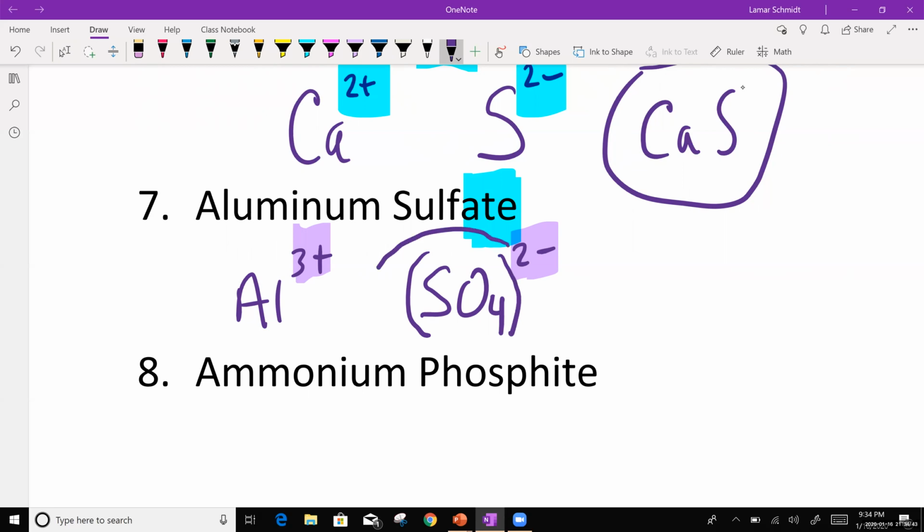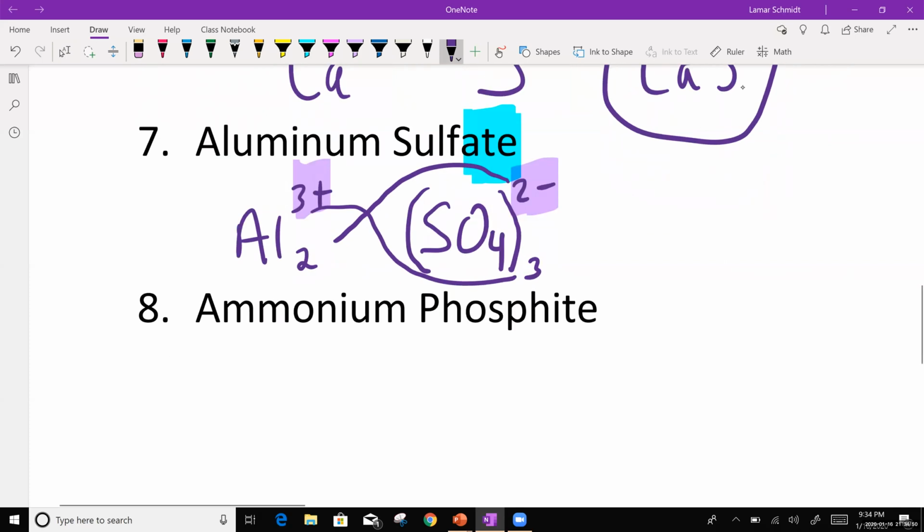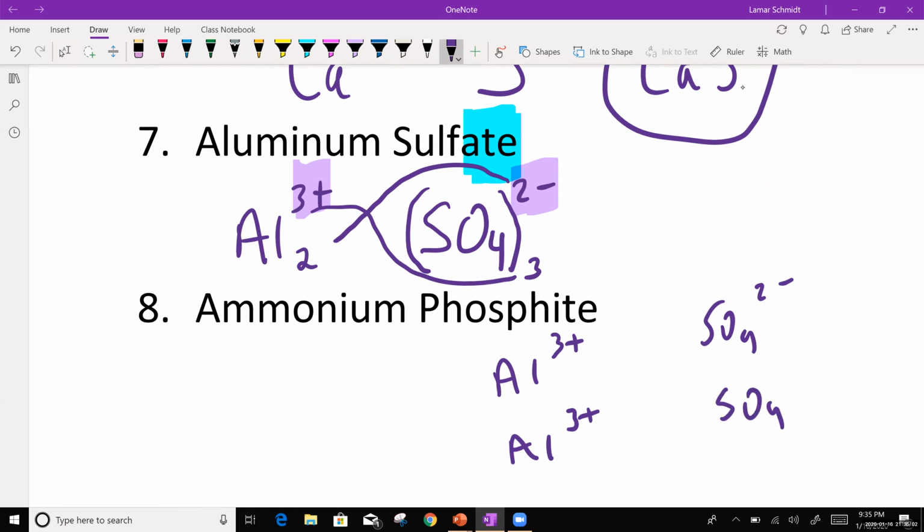So you put a 2 here, and you put a 3 here, and all that means is you have 2 aluminum ions, each with a 3 plus charge, and you have 3 sulfate ions with a 2 minus charge.